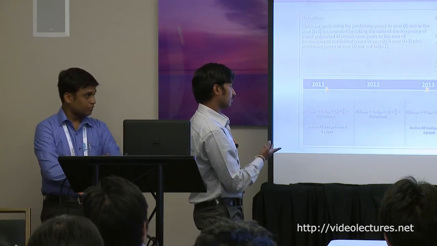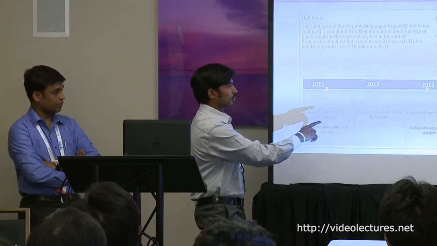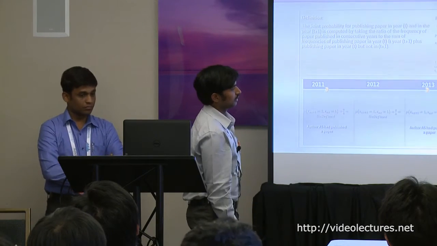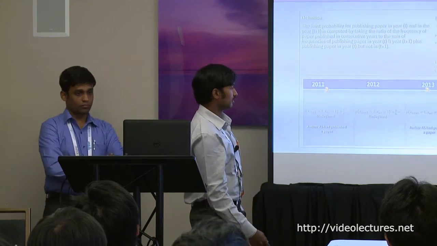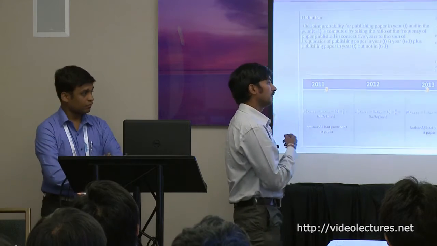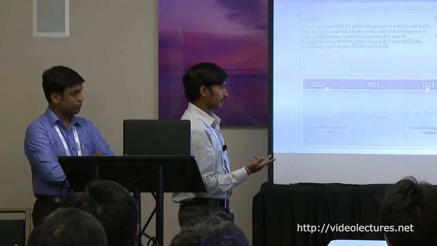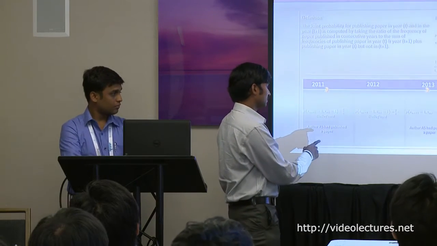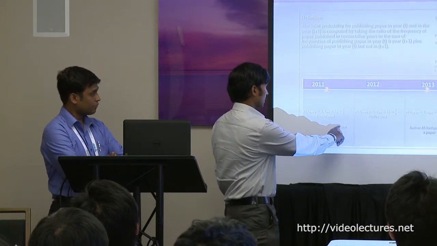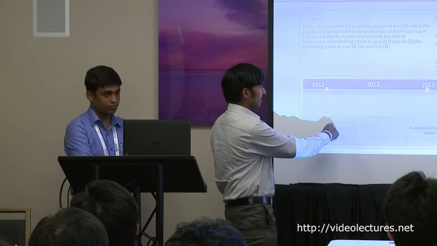Here we have taken hypothetical author 5. For the year 2015, we'll calculate the joint probability score 1. You can see that he has a total sample space of 2. The first sample comes from here: in 2011 he has published a paper, but in 2012 he has not.